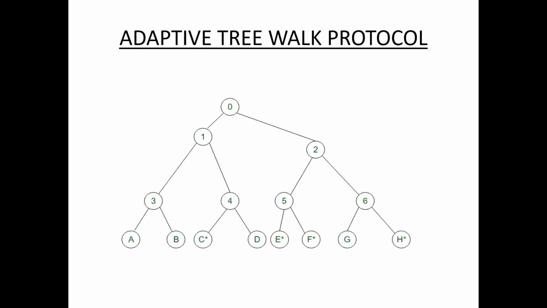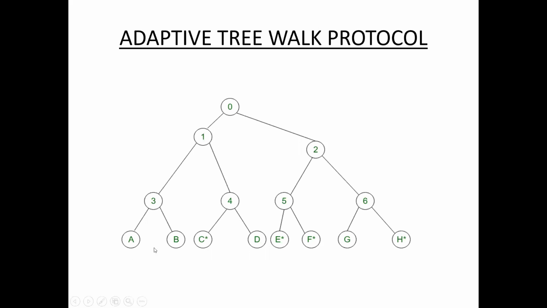Here the adaptive tree walk protocol partitions the group of stations and limits the contention for each slot. See here, the leaves of this binary tree are the stations: A, B, C, D, E, F, G, H. Here C star, E star, F star, H star mean the stations C, E, F, H have to transmit data.